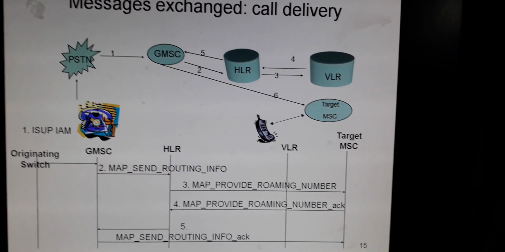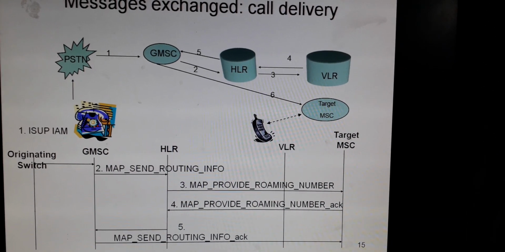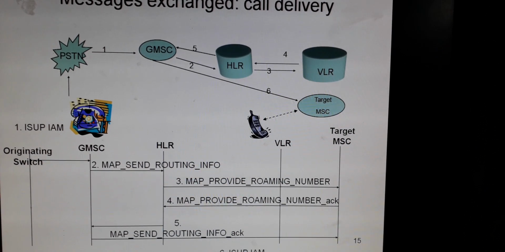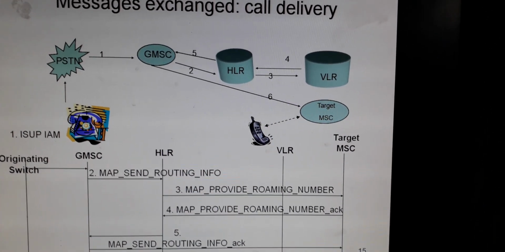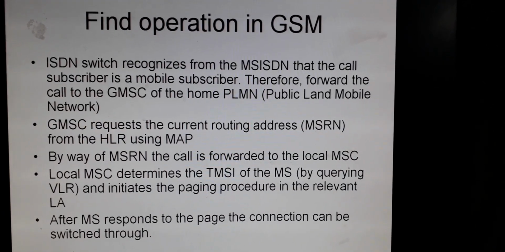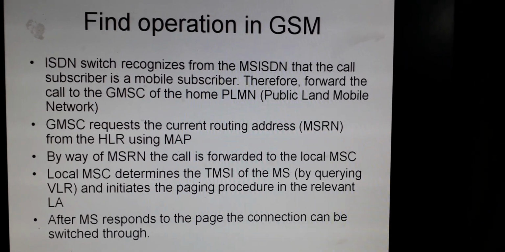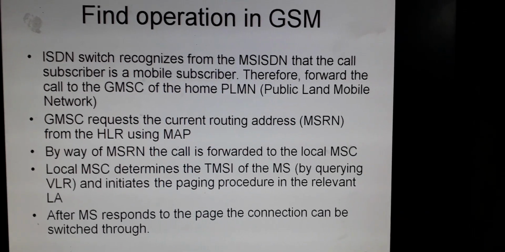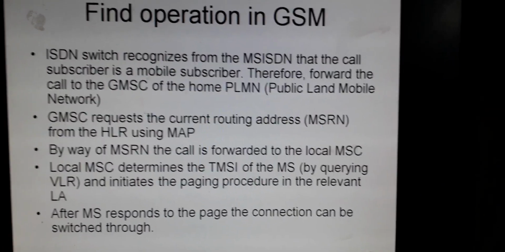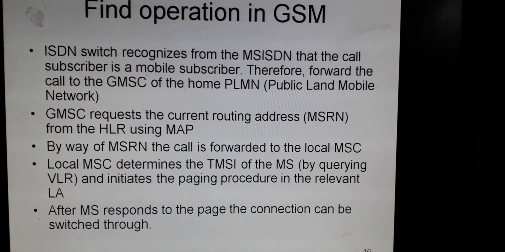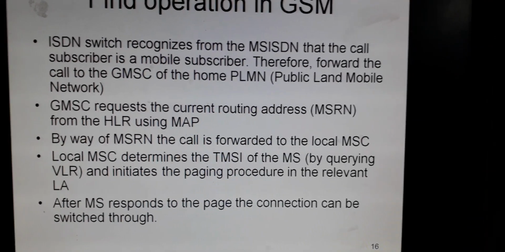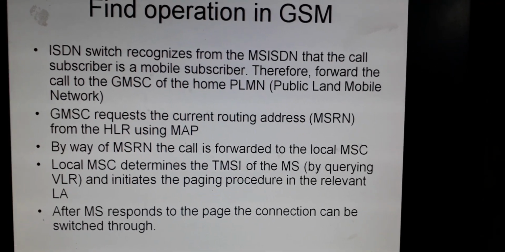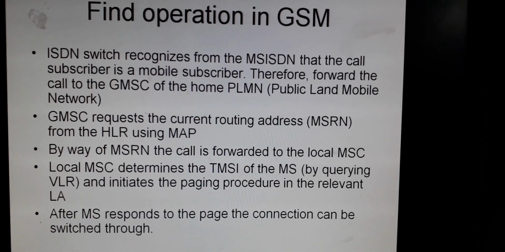Message application part provides the roaming number, acknowledgement of roaming number, and afterwards the routing information setup will be done. GMSC is a very important component. It requests the current routing address through MSRN with the help of HLR and MAP, the message application part. MSRN is generated by VLR and HLR.